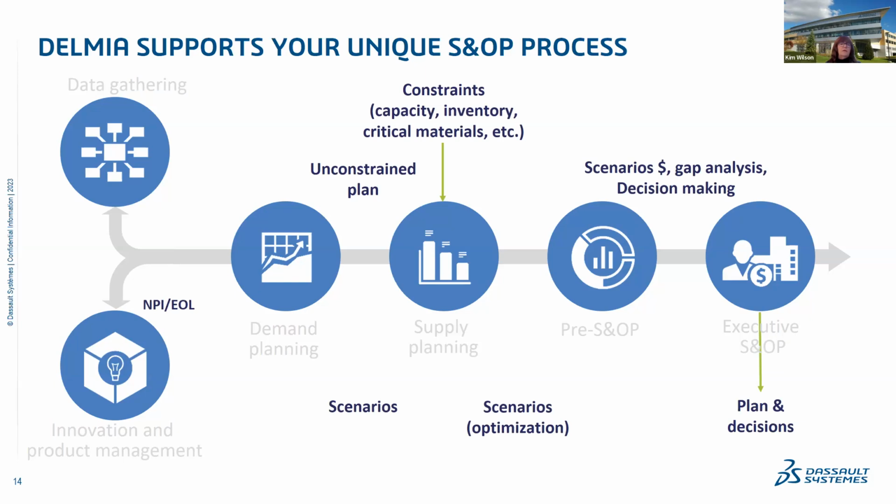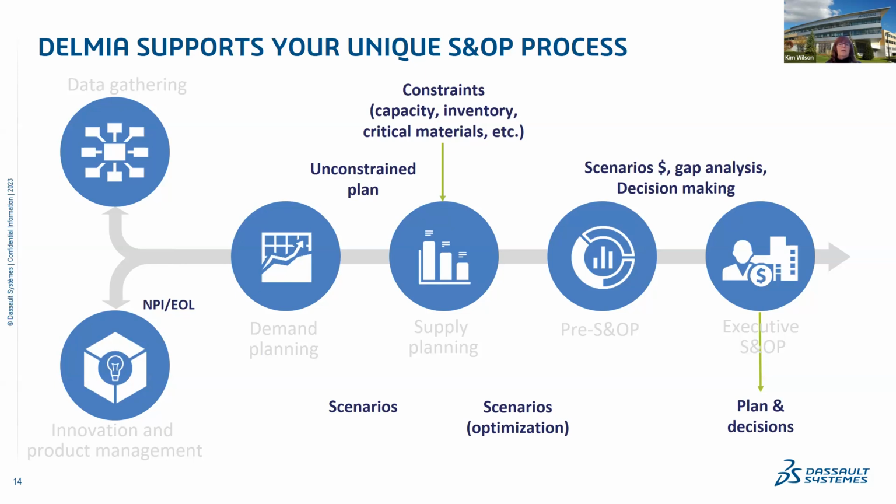So now we're going to look at a little bit more input and outputs coming from these different stakeholders. As I mentioned before, the Innovation and Product Management Group is responsible for new product introductions, but they also may bring in some information about end of life for a particular device.